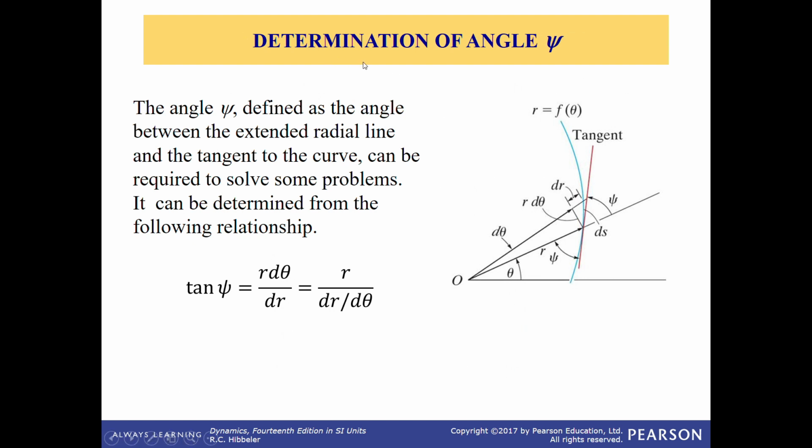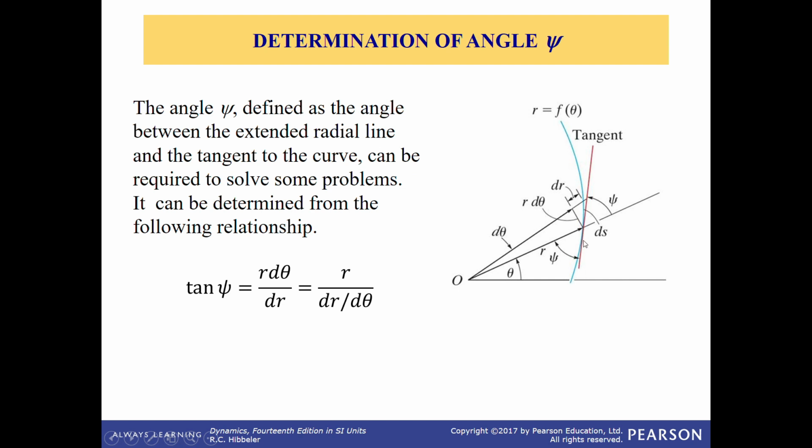Okay, this is the different determination of angle C. The angle C is defined as the angle between the extended radial line. This is the radial line, but we extend the line here. So we say this is the extended radial line and the tangent to the curve. This is the curve.